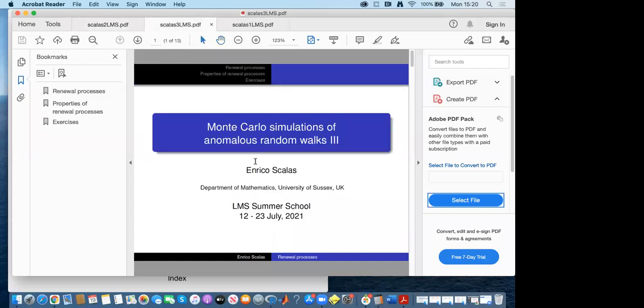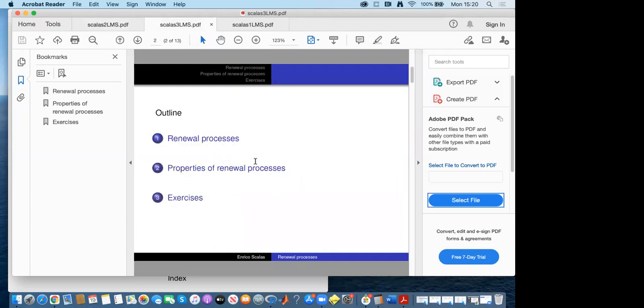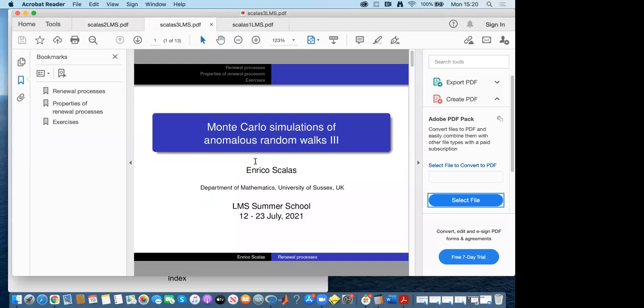I'm not so sure how many of you are already familiar with renewal processes. But for sure, you have already seen an important instance of a renewal process, which is the Poisson process.